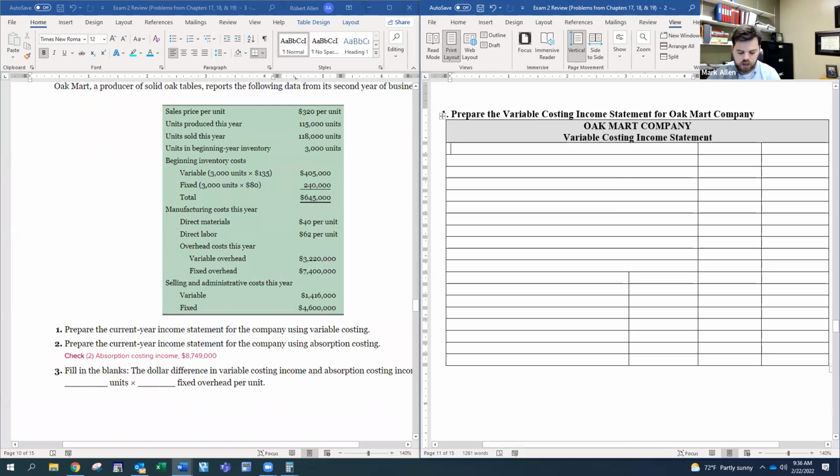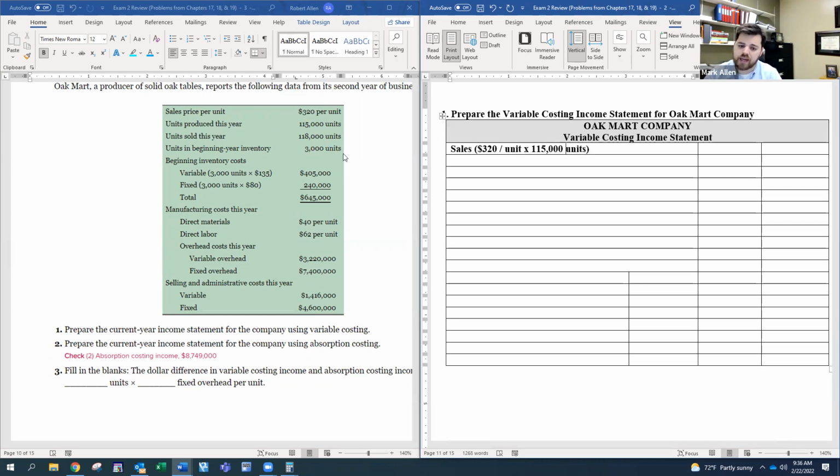Starting, of course, with our sales. Even though this is a variable costing income statement, we still start with sales. Each unit sells at a price of $320 per unit. How many units did we sell? 115,000?